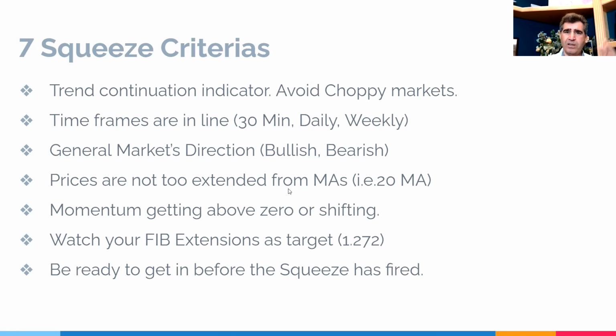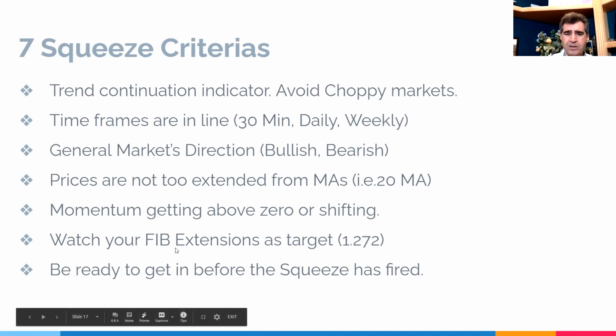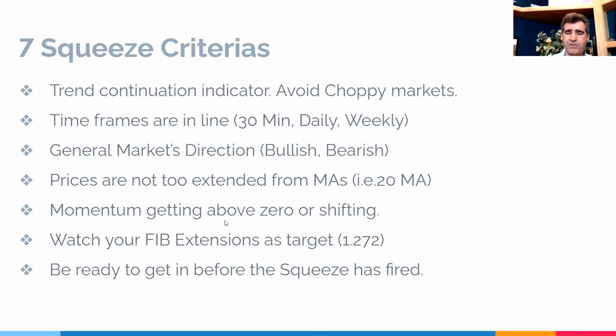As you recall with moving averages, when we go so far away from the 20-day moving average, and I use the linear regression channel, when we go to the 2 standard deviation, that tells me it's extended. So the yellow light or red light comes on, and maybe I should lighten up my position. And then momentum, as we talked about, is when momentum goes above 0 and it's shifting. The shifting would be, if you're using the bars, maybe it goes from red to yellow. It just gives you the heads up that something's going to happen.